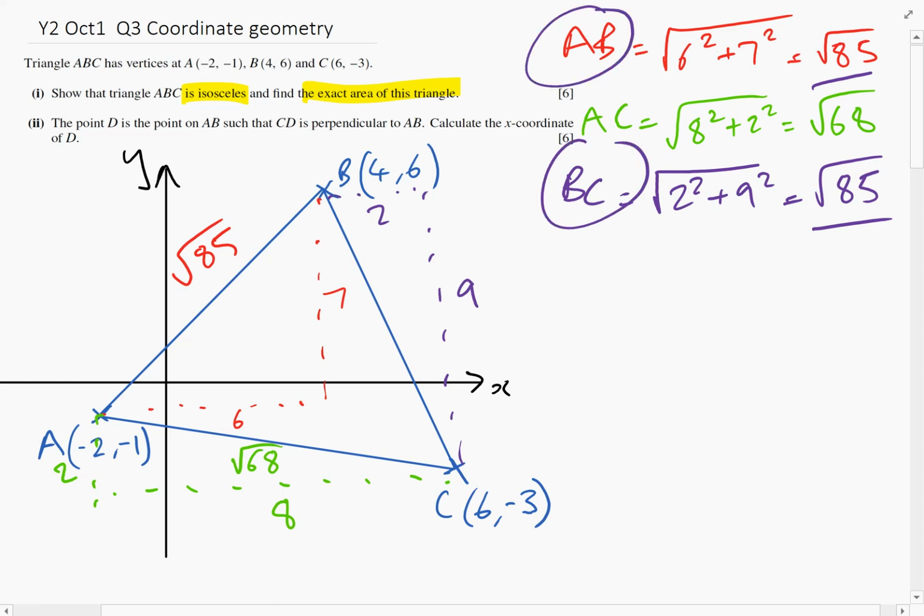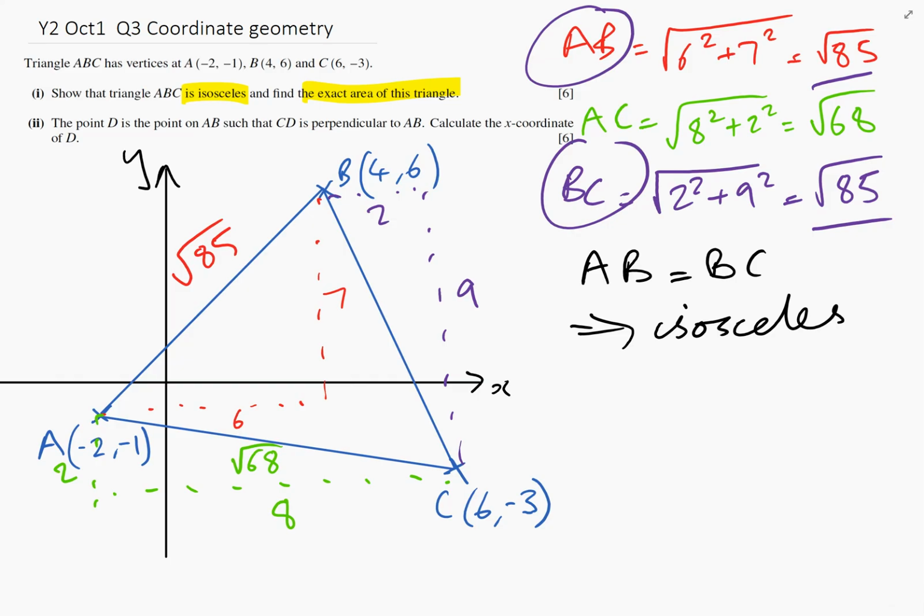So AB equals BC, so that means it's an isosceles triangle. We now need to find the area of it, and I think you could probably do this. Oh, let's just mark in this side. So this side was root 85 as well, and it's isosceles, so let's mark those as equal.